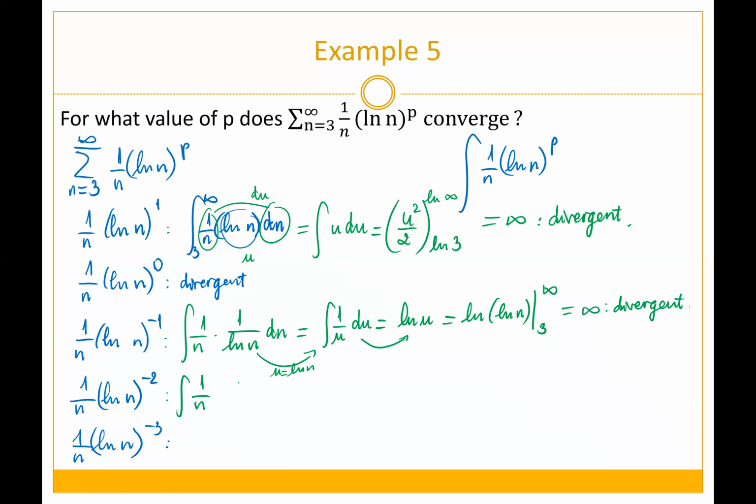Continue, if you try to do it with ln squared of n, dn. Then we're going to have u to the negative 2 du. Again, this one gives us negative 1 over u, with u going from ln of 3 to ln of infinity, which is going to give us negative 1 over ln of infinity, which goes to 0, first, because minus with minus is a plus, 1 over ln of 3.